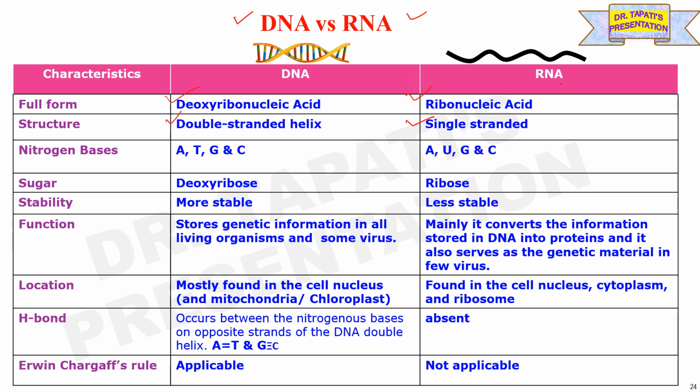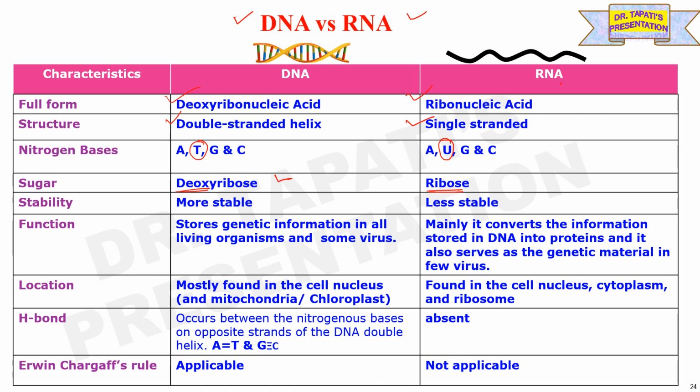Whereas in case of RNA, they are A, U, G, C, that means adenine, uracil, guanine, and cytosine. So the difference is only in thymine and uracil. Thymine is present in DNA, whereas uracil is present in RNA. If you consider the sugar composition, a pentose sugar is present in both cases, but in DNA it is deoxyribose sugar, and in RNA it is ribose sugar.